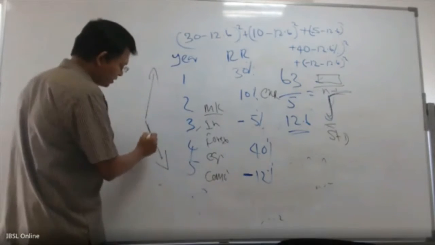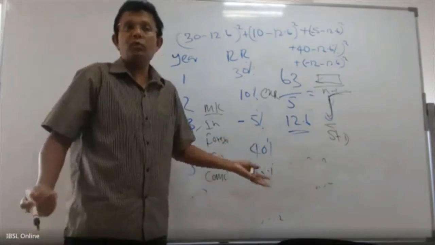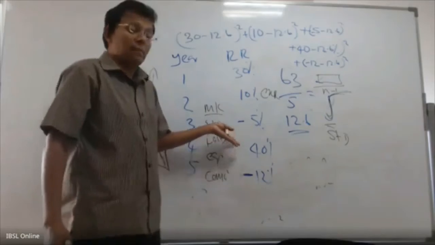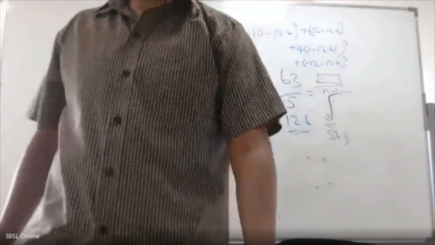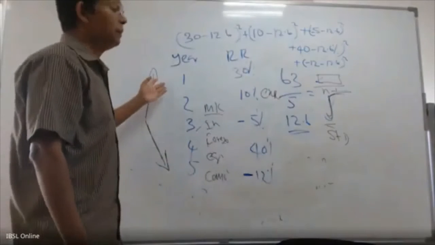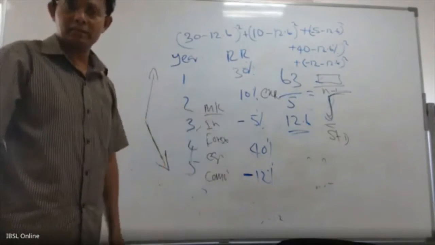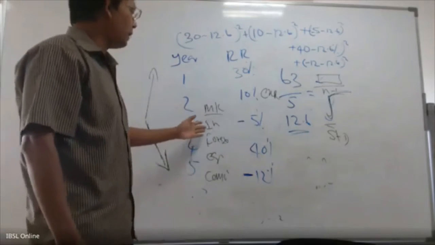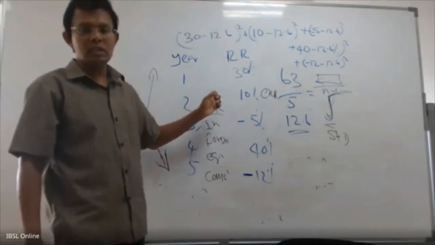When the interest rate is going down, is there any impact on the share market, the share investment? Of course. There will be a price appreciation, or there will be a price depreciation, depending on the interest rate. There is an indirect impact of interest rate decrease and increase on the share market.